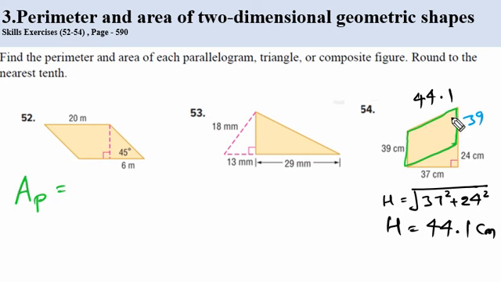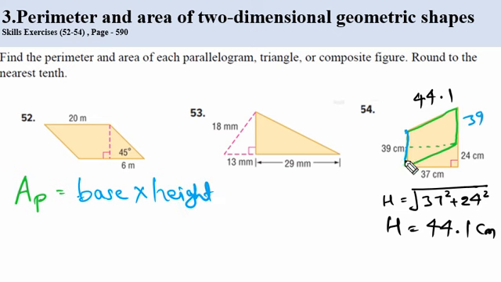Okay, let's continue. Sorry for the interruption. In this one, first we have to find the area of the parallelogram and then the area of the triangle. So for the area of the parallelogram, this is the height and this is the base. The area of a parallelogram is base multiply height.